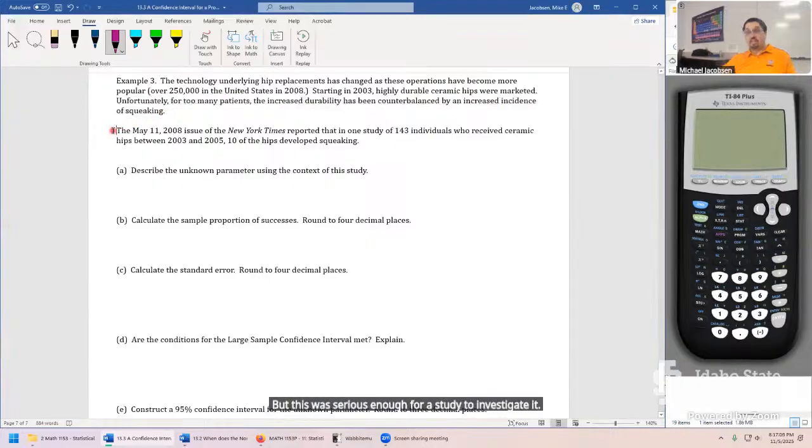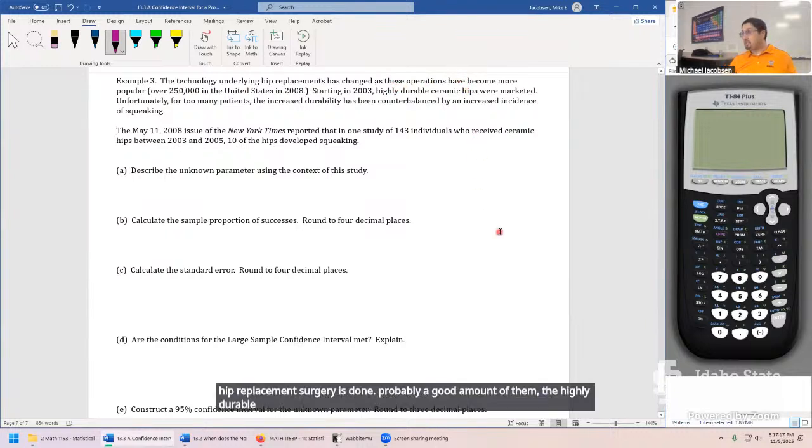So we're back to 2008 when there were 250,000 hip replacement surgeries done, probably a good amount of them the highly durable ceramic hips.